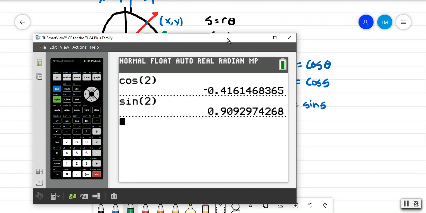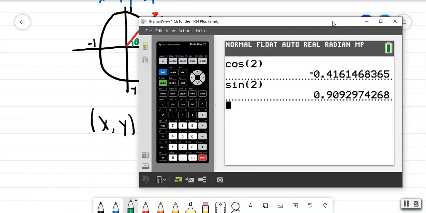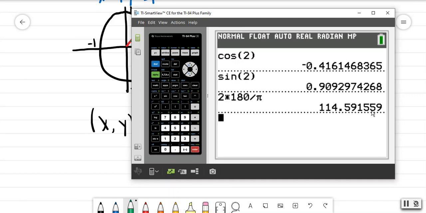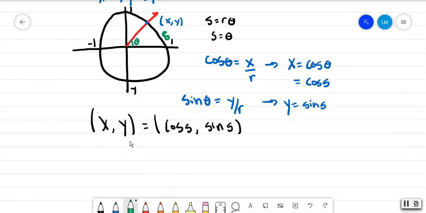Now, 2 radians is approximately in the second quadrant, and that's because if you were to convert that to degrees, you would multiply by 180, and then you would divide by pi, which gives approximately 114 degrees. So then it's just a matter of plugging in.